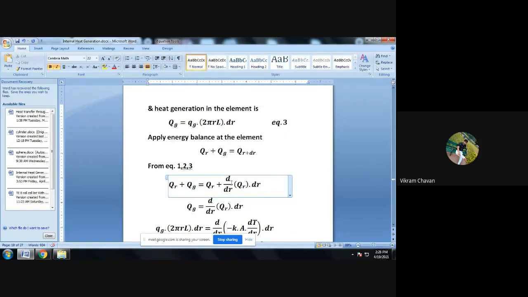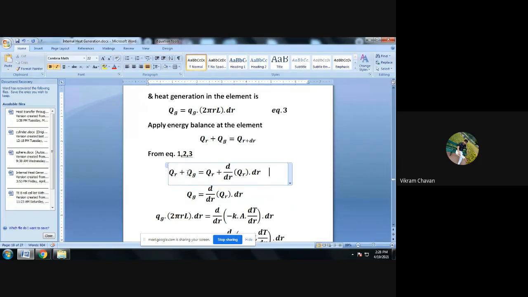Once we replace it, Q suffix R and Q suffix R will be cancelled. On the left hand side only Q suffix G will remain, and on the right hand side the differentiation of Q suffix R with respect to R multiplied by dr is remaining.